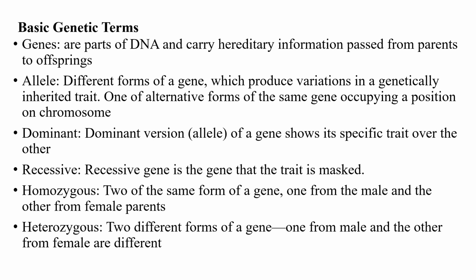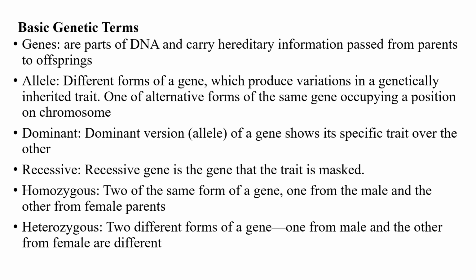And when they form a zygote, when these forms of the gene are the same, we refer to them as homozygous. That is why, when we talk about the genetic component of a particular person, like color of the hair, for example, when we are trying to represent a trait, it is normally represented by the letter of the dominant trait.